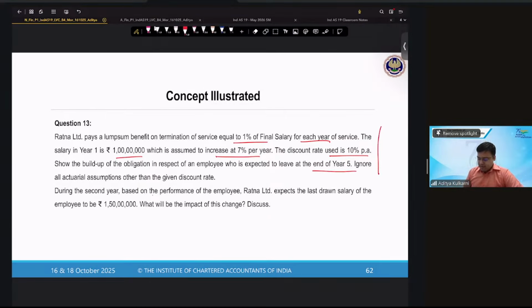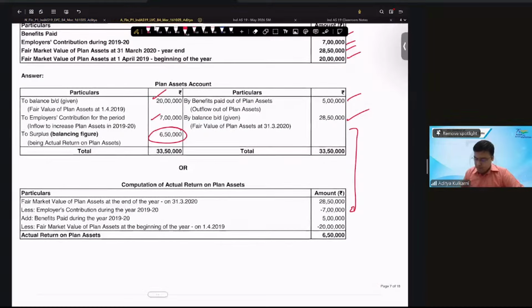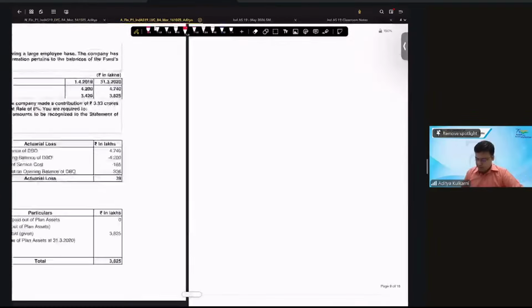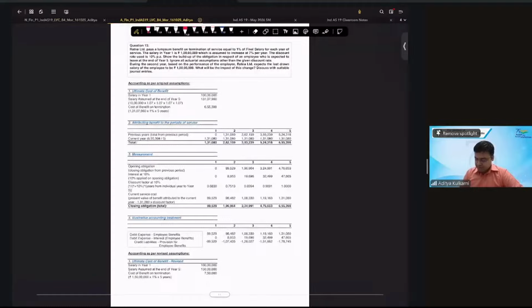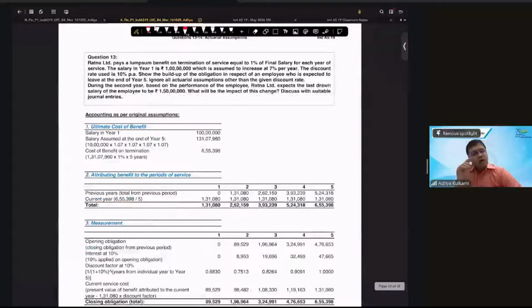In the second year, based on employees' performance, Ratna Limited expects the last drawn salary to be 1.5 crores. What will be the impact of this change? Now see, what is changing here?